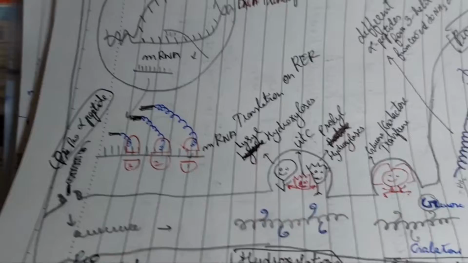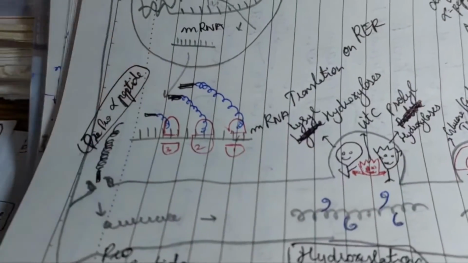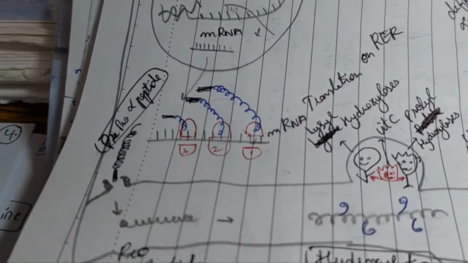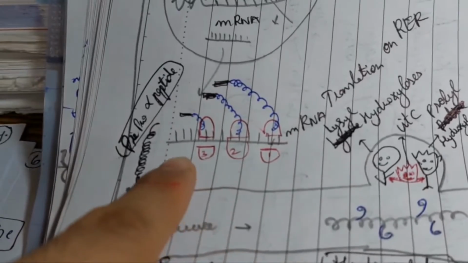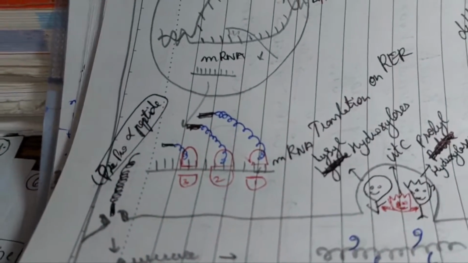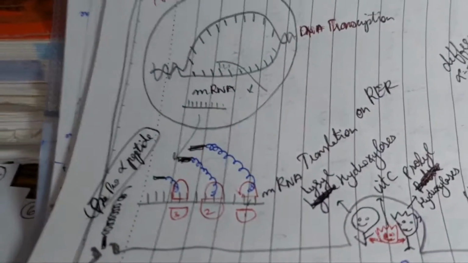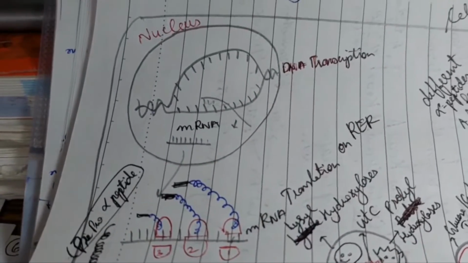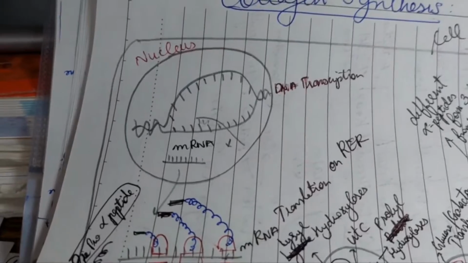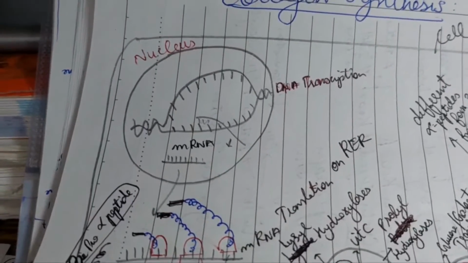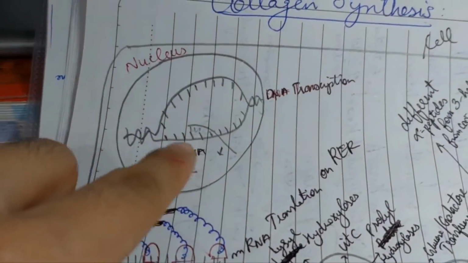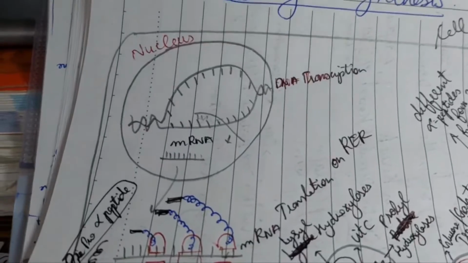Some basic concepts that we have to remember: one mRNA can have many ribosomes attached to it. For example, if one mRNA has 10 ribosomes attached to it, there will be synthesis of 10 peptide chains simultaneously. Also, to make collagen having alpha 1, alpha 2 and alpha 3 chains, three different genes within the DNA will be activated.